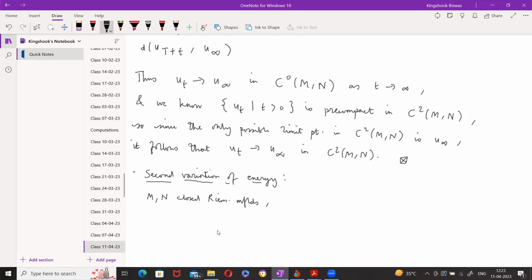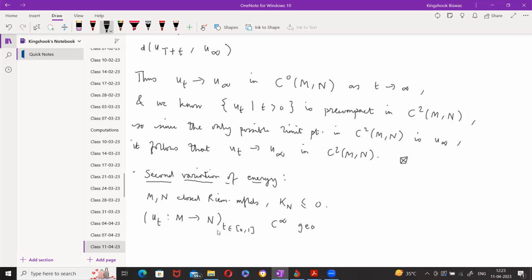And let's suppose, as always, that the sectional curvature of N is non-positive. And suppose that u_t is a smooth homotopy of maps u_0 and u_1, which is a geodesic homotopy. Okay, this is a smooth geodesic homotopy.